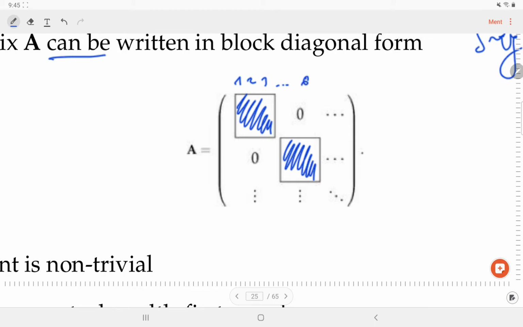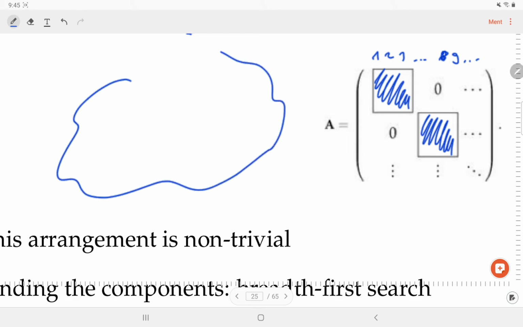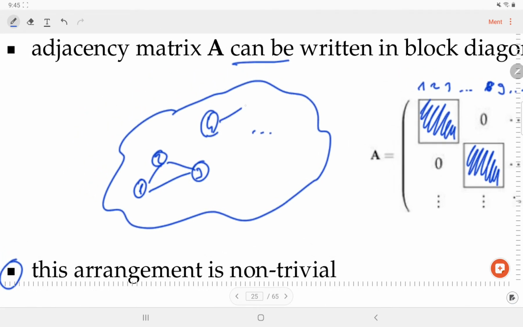If we have a graph and then we label the nodes in a random fashion, then it can happen that we get the blocks really separated.